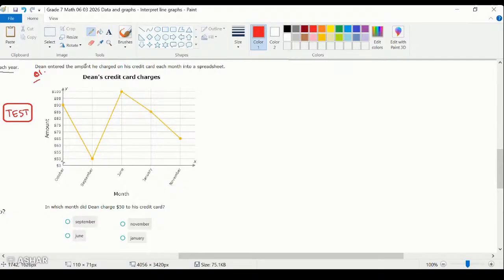Dean entered the amount he charged on his credit card each month into a spreadsheet, right? And he formed a line graph. In which month did Dean charge $50 exactly to his credit card?